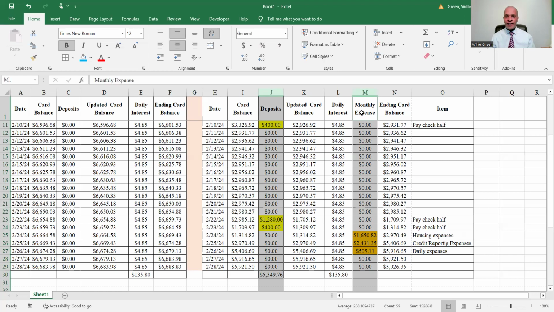My average daily balance, not the 30-year mortgage, not the 12 years or 15 years left on the mortgage. How many days will I be charged a daily interest rate? And what can I do? I don't have a home equity line of credit. I do not have a PLOC, personal line of credit.